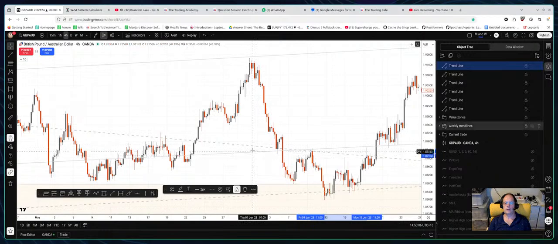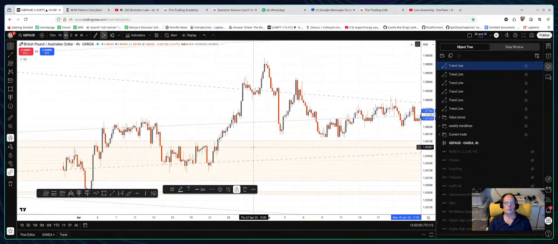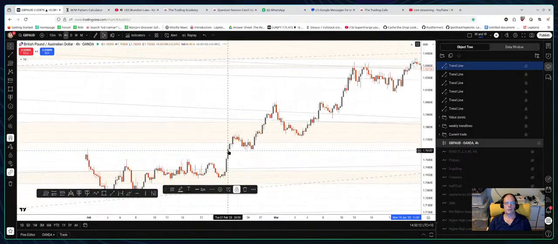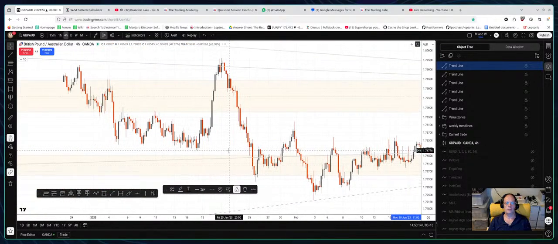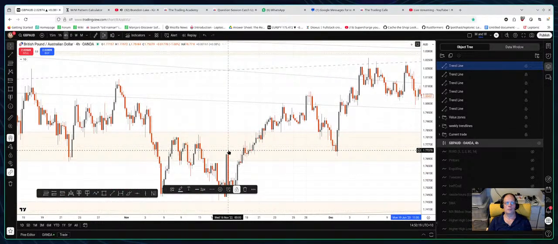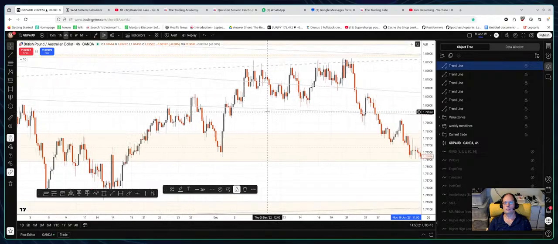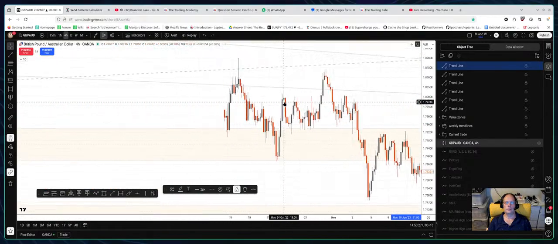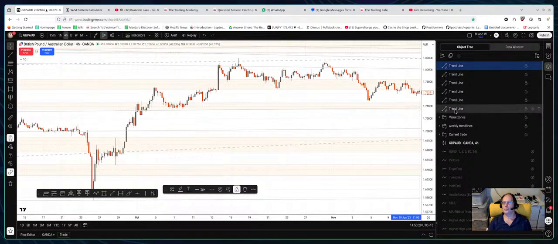Fantastic. See that 4-hour neckline we had before? It's just hitting it, hitting it, hitting it, hitting it. That's enough, I think.